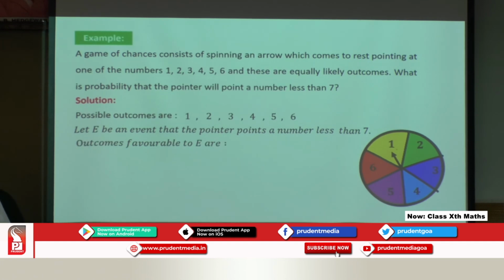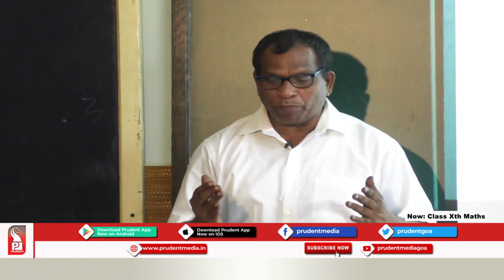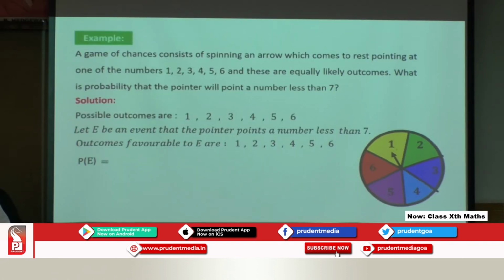The outcomes favorable to E are 1, 2, 3, 4, 5, 6. And we can see that all these numbers are less than 7. Then what will be the probability that the pointer will point to a number less than 7? It's going to be 6 upon 6, which is 1.